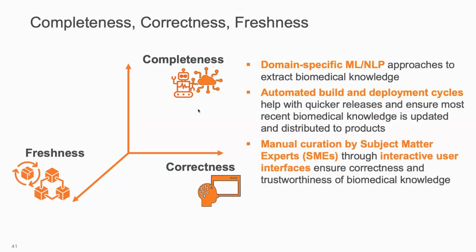And finally, it's often very difficult, but I always like to emphasize that when you're talking about a biomedical knowledge graph platform, it is important that you ensure there is some kind of manual curation or manual validation by subject matter experts as well. And to do that, you can use interactive user interfaces so that you can ensure that the biomedical knowledge in the graph is correct and trustworthy.